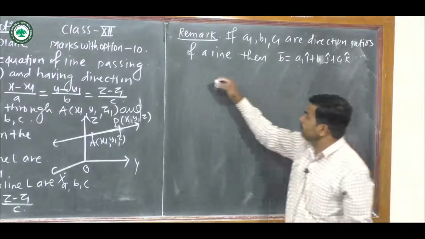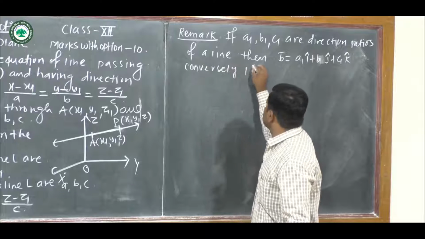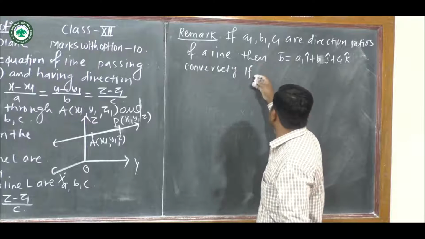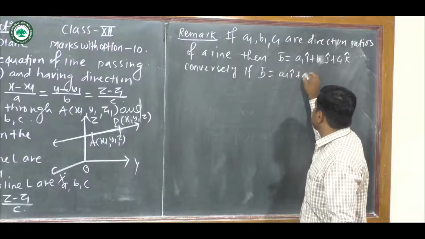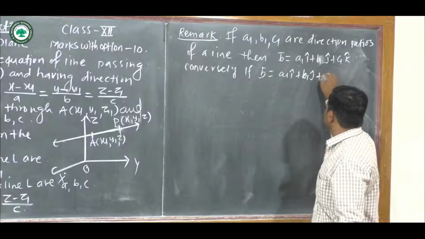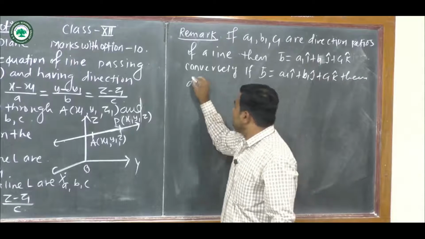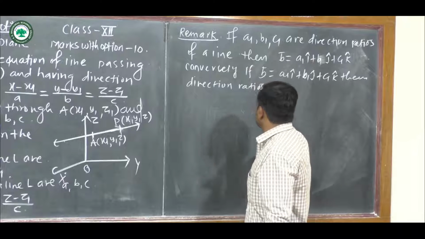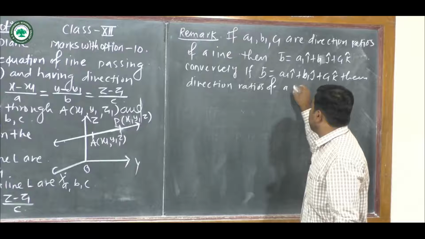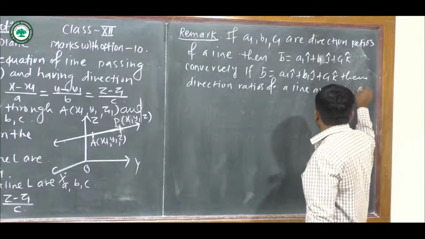So conversely, if b bar is equal to A1 i cap plus B1 j cap plus C1 k cap, then direction ratios of a line are A1, B1, C1.